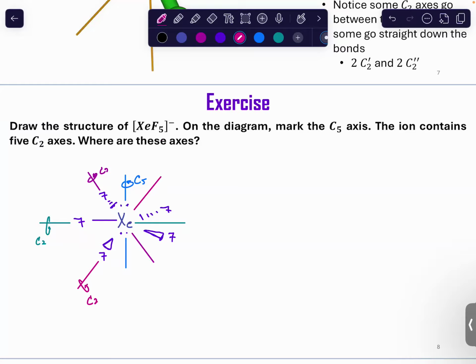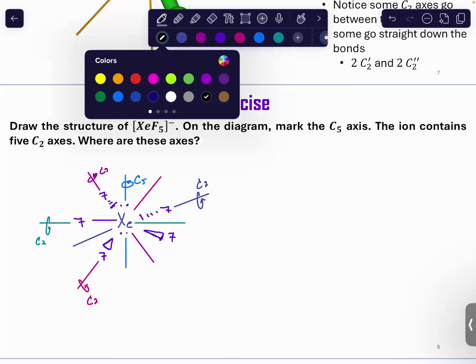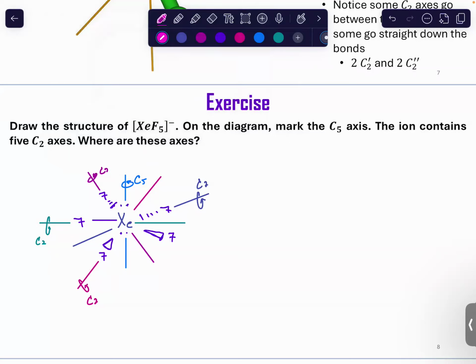I get these to go straight through. I'm going to run out of colors. Then we have one through there. So it makes it look a little messy, but you get the idea.